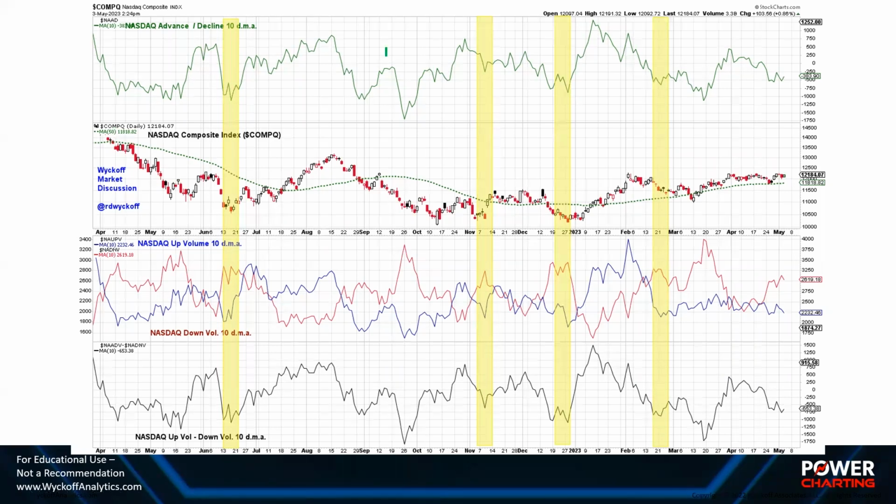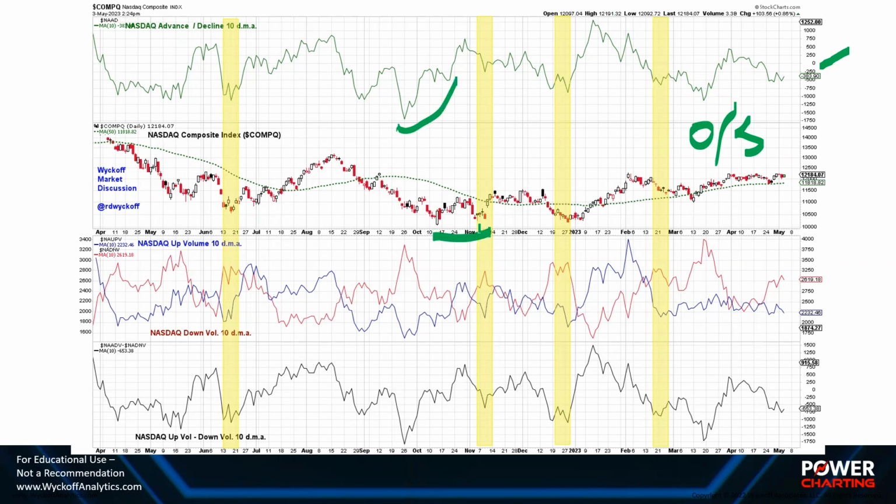The top cell is the advance-decline on a 10-day moving average basis. So advancers minus decliners, just a 10-day moving average, oscillates around the zero line. And so we look for oversold conditions and overbought conditions, and we watch for the characteristics of divergences like we had here.